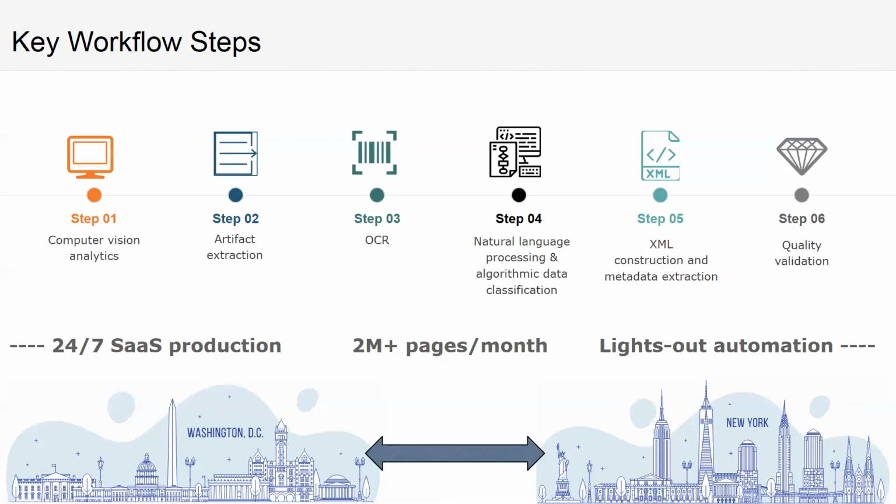So the approach we developed was, first of all, using computer vision analytics, by which I mean we have software that analyzes an image and finds everything on the page that's not text. And once it's found it, the software draws a box around that piece and removes it electronically from the page. So if there's math on it, that gets removed.